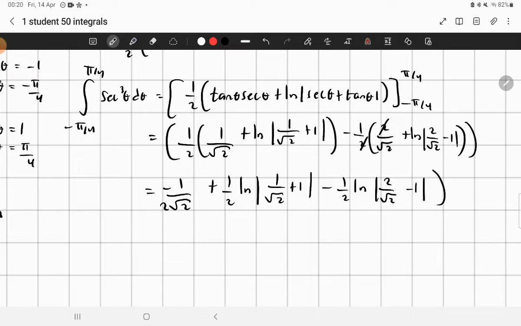Negative 1/2. I need to recheck my answer. It's not satisfying in a way that I think I did a mistake around. Okay, so this is. Wait, what's my previous answer?